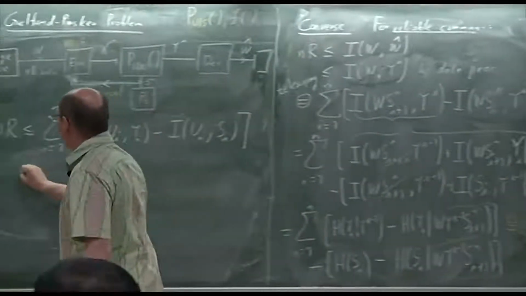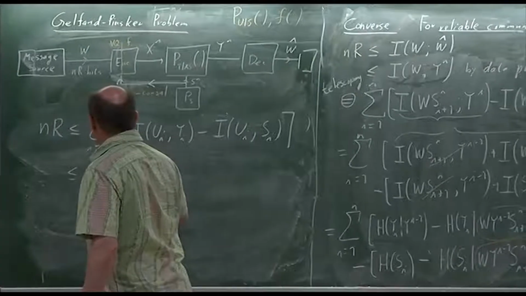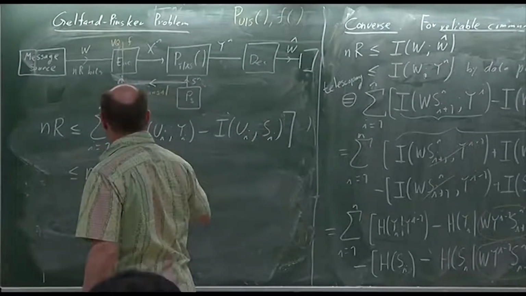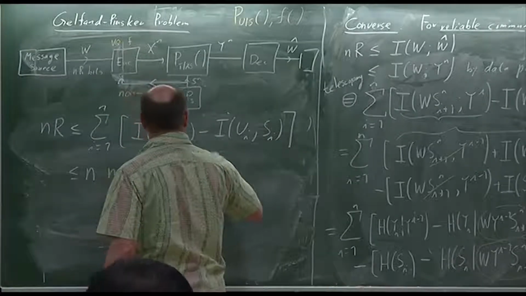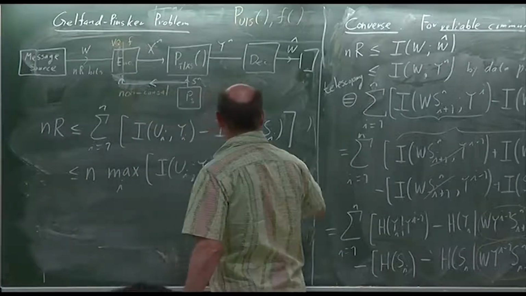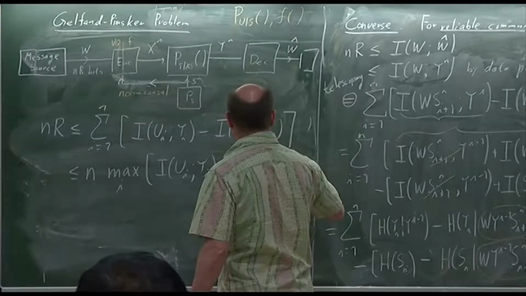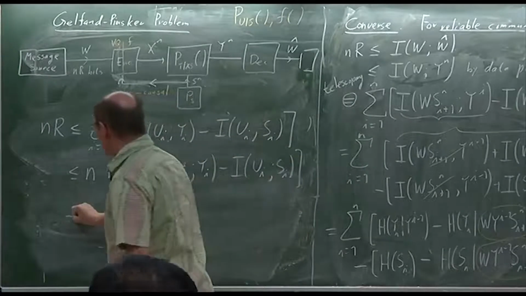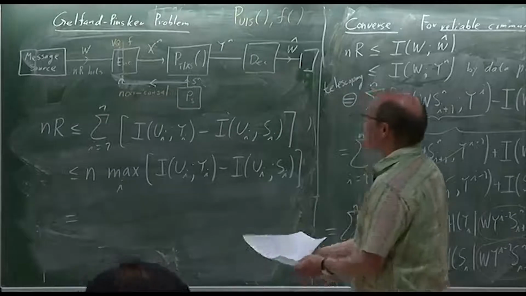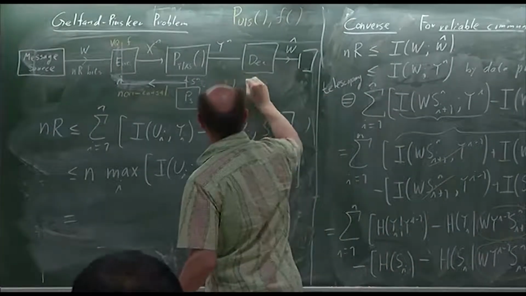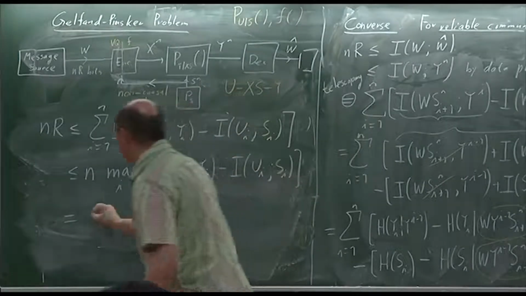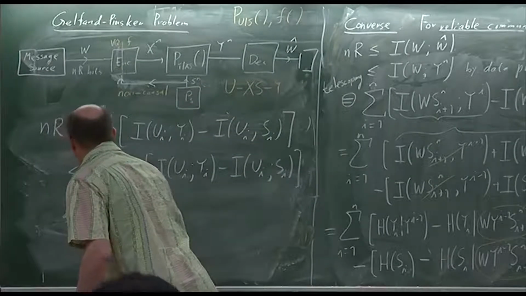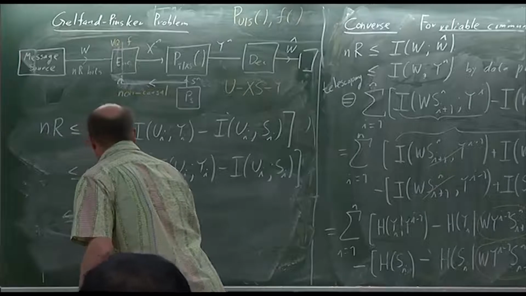This thing here is less than or equal to n times the maximum over all i of I(U_i; Y_i) minus I(U_i; S_i). And as long as I get the Markov chain that I need, namely U, X, S, Y, I could write here that this is less than or equal to n R Gelfand-Pinsker, right?